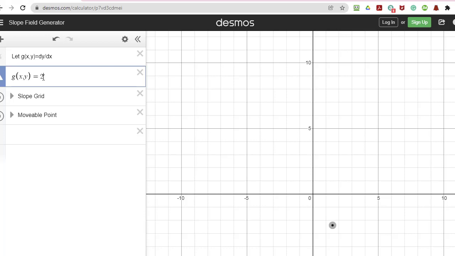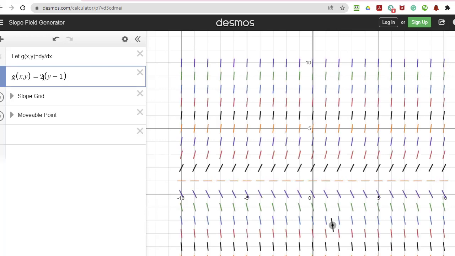So 2y, parentheses, y minus 1. Okay, so we get a nice pretty picture like that. I would say just keep that snapshot handy. I'm going to show another graphic and get to what the property is for these particular differential equations.